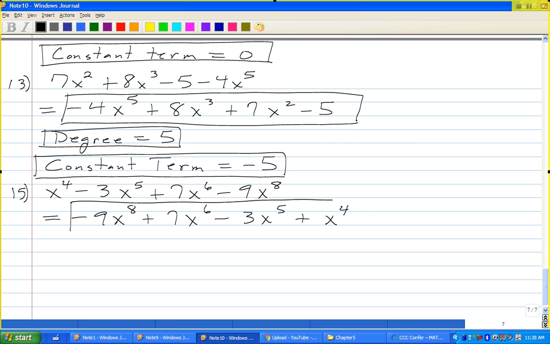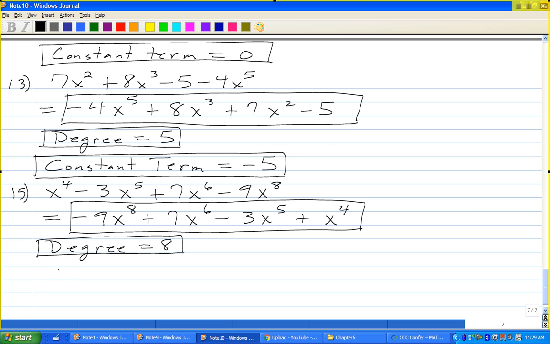And so this is my polynomial written in descending order. The degree of this polynomial is 8. The constant term in this case will be 0.